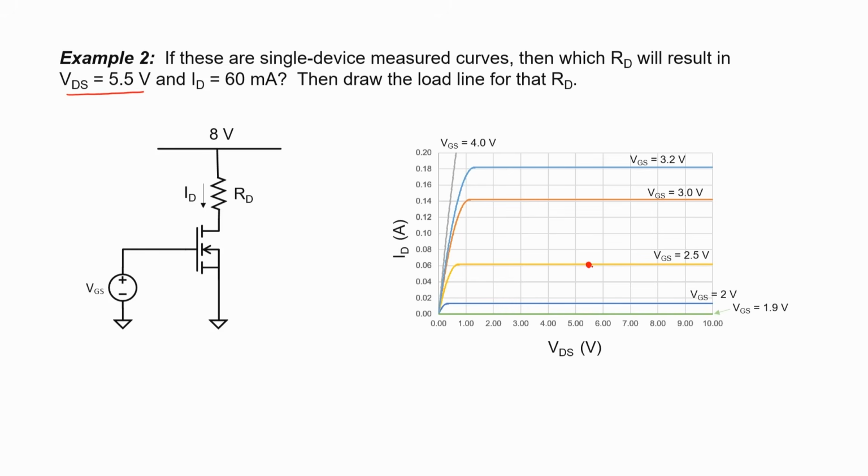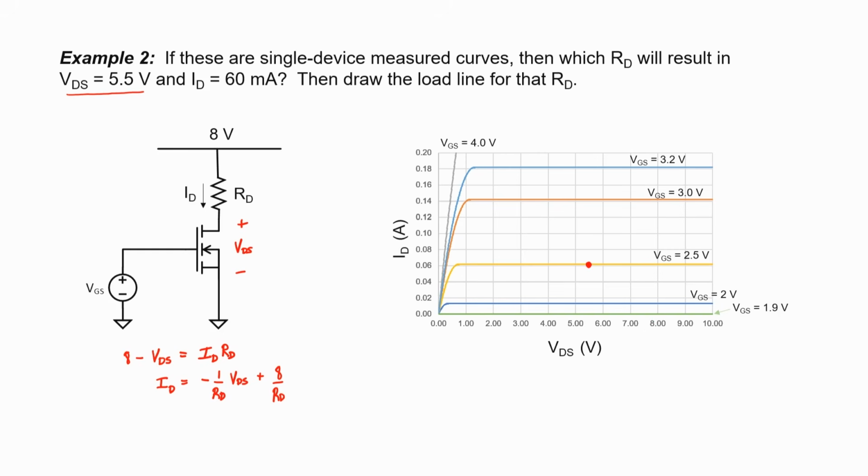Let's apply Ohm's law across the drain resistor. We have 8 volts minus our drain source voltage drop, and that's going to be I times R. Let's now solve for the drain current. I've written the equation this way because it's just the equation of a line. The line has a slope and an intercept, but it's very easy to find it.